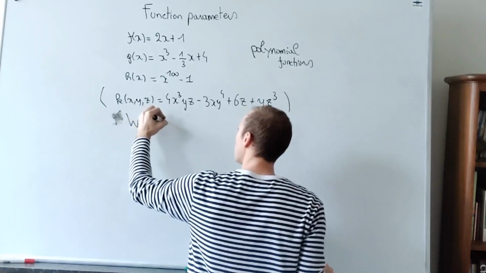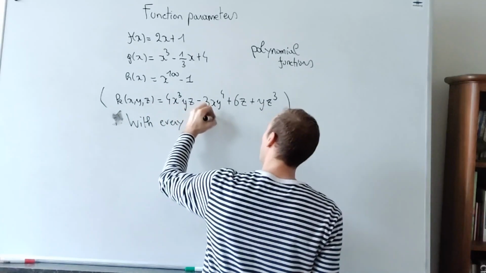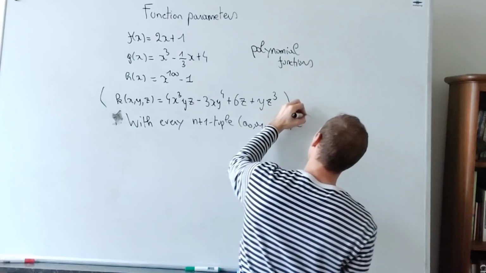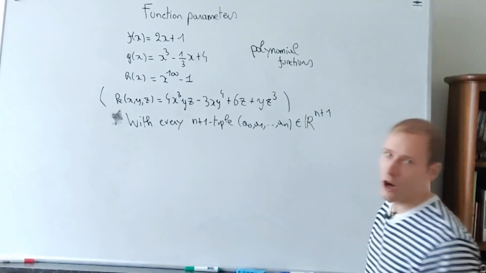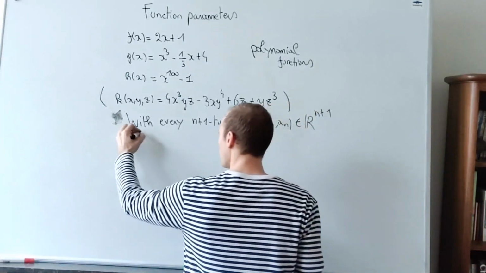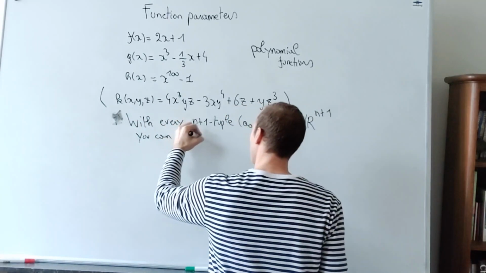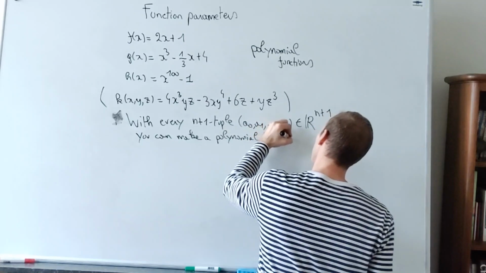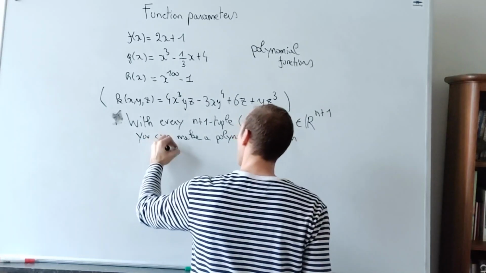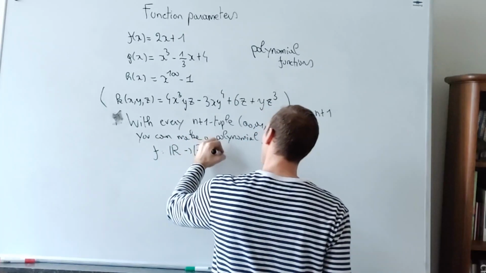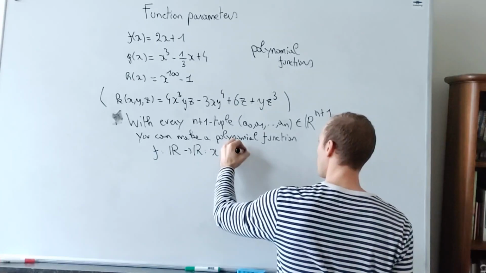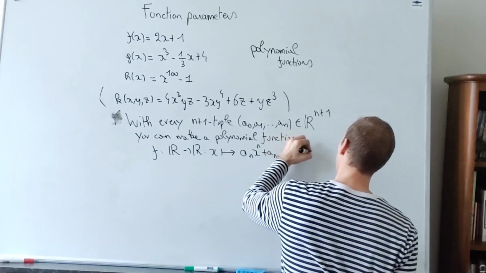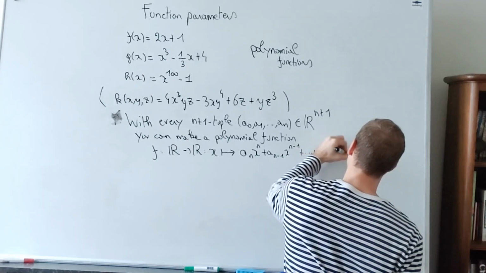With every n plus 1 tuple, let's say a0, a1 to an, in R to the power n plus 1, you can make a polynomial function, let's say f from R to R, which maps x to an x to the power n plus an minus 1 x to the power n minus 1, and so on, plus a1 x plus a0.